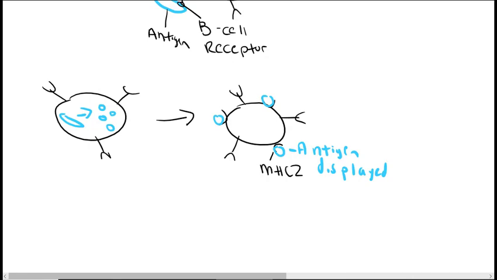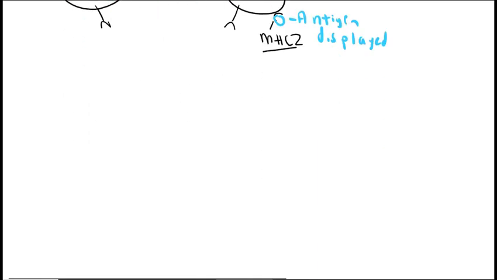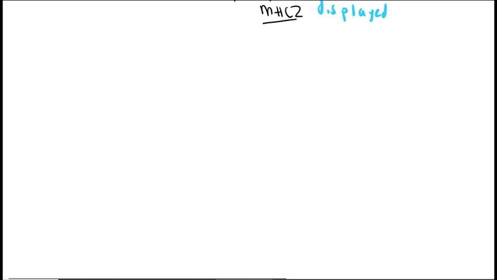And really quick, MHC2 are specifically displaying any type of antigen that the B cell has taken in. So this antigen may be something bad or maybe something harmless. It depends on what it's ingested. Now, one of two things is going to happen at this step. Let's pretend that this B cell, the one that we've been working with, is displaying a pathogenic antigen, something bad, on its MHC2.